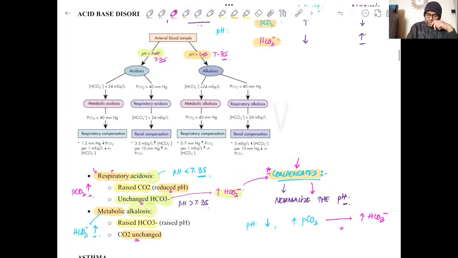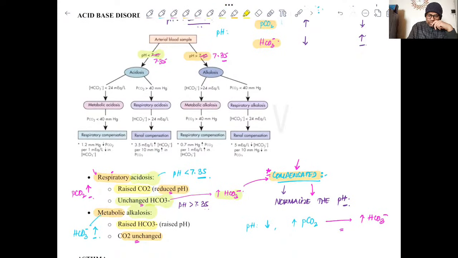Even if you want to see compensation here, suppose we are discussing metabolic acidosis, it means the bicarbonate will be less and the pH will be less. Okay, so now how will the body try to compensate that? The body will decrease the PCO2, and that is known as respiratory compensation.